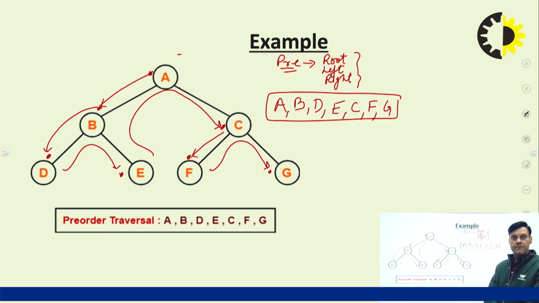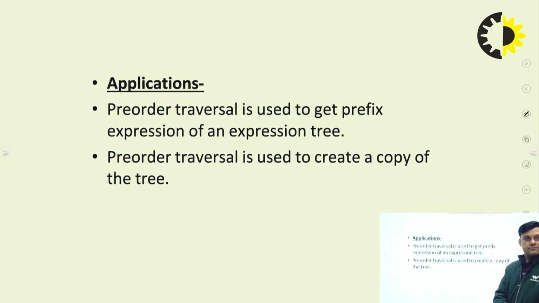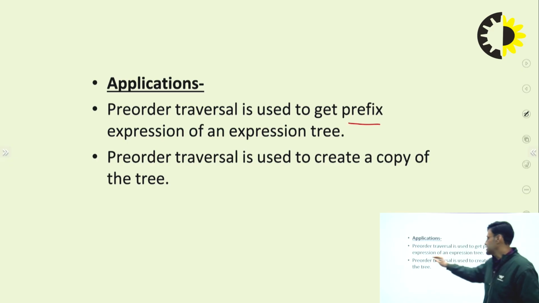Right? I think you will understand it. Now next is applications. Applications are just for your awareness, to know where we use this prefix. Pre-order traversal is used to get prefix expressions.